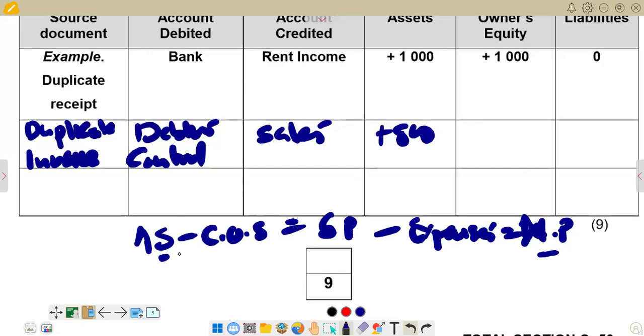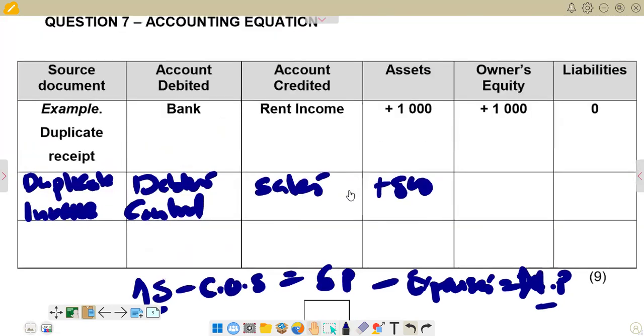So we are crediting sales, and at the end of the day, it's going to increase our net profit and increase our owner's equity. So it's going to be a plus in the owner's equity column. We are coming here to see that we have owner's equity, so we are going to put a plus for owner's equity: owner's equity plus 800.